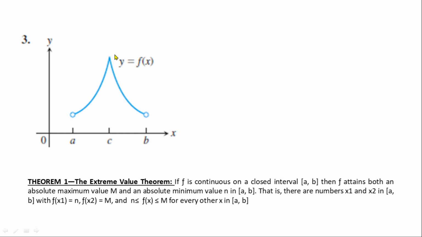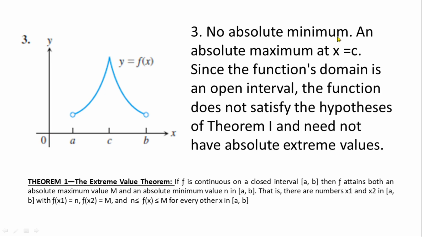Next example. Here this function is a continuous function, but the intervals are not closed. These are open intervals. These points are not included. We cannot say what the absolute minimum value is, but we can say that this is the maximum value, the absolute maximum value. There is no absolute minimum, since these points are excluded.